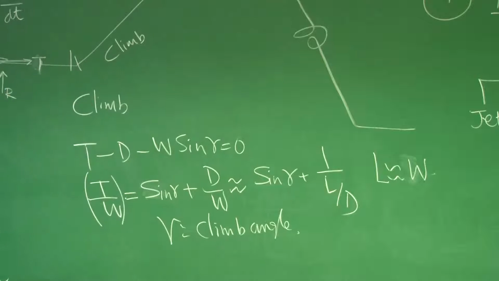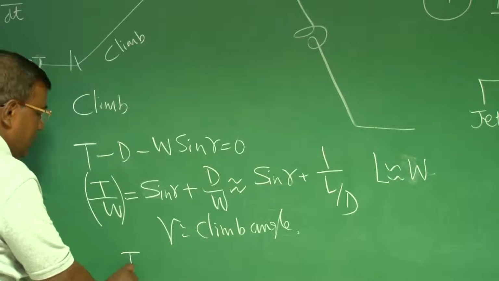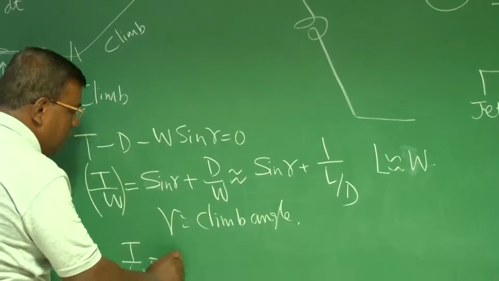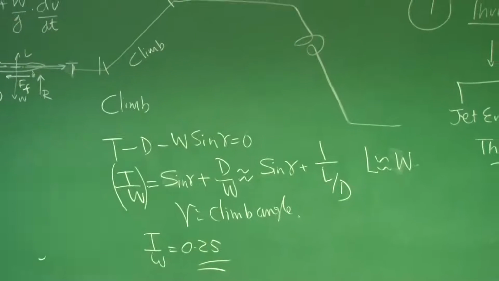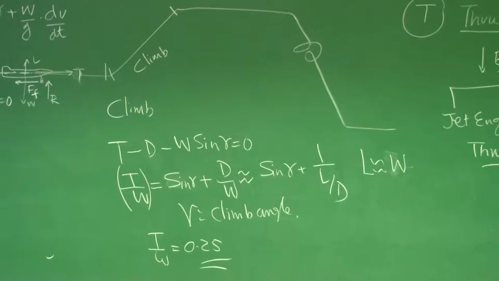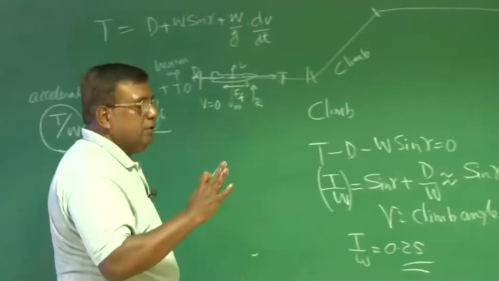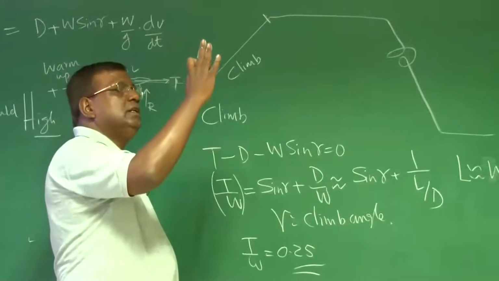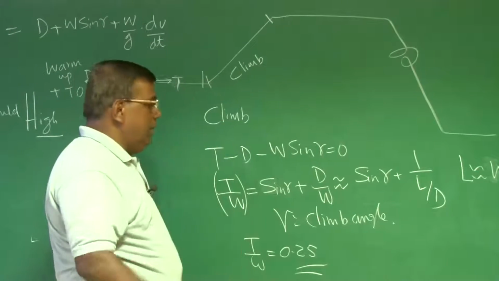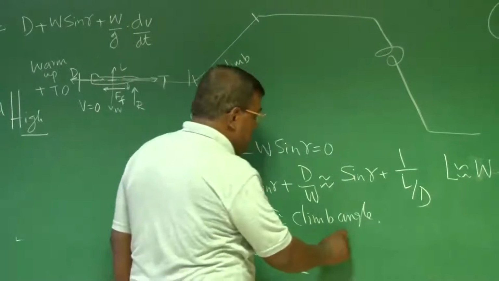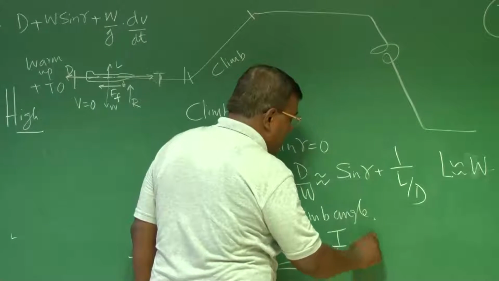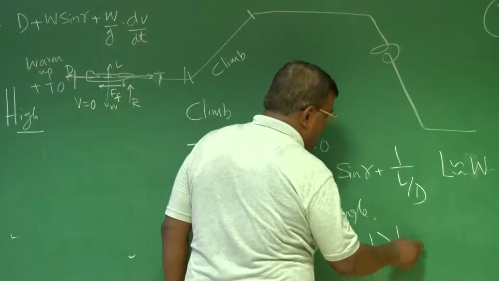Typically, for a transport airplane, you will find T/W as 0.2 to 0.25. This is a number, okay. But if you are designing an aerobatic airplane, which can hold the airplane like this and do a lot of accelerated maneuvers, then you will find T/W maybe 1 or greater than 1.